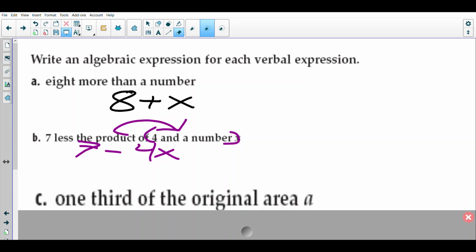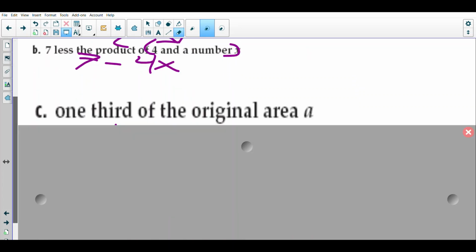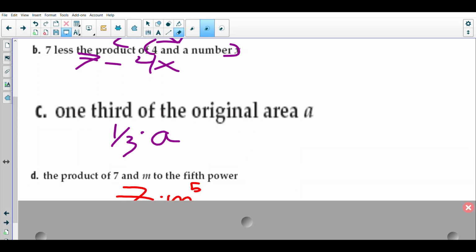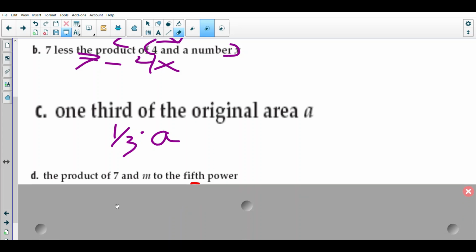Next one, 1/3 of the original area A. I gave a brief example of this going through the list. So 1/3 of means multiplication. So we have to remember 1/3 times A would just be 1/3 A. And the last one, I kind of jumped ahead: the product of 7 and m to the 5th power.